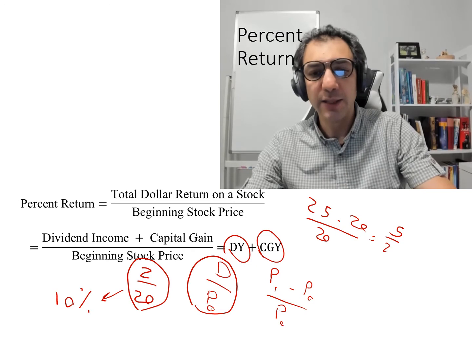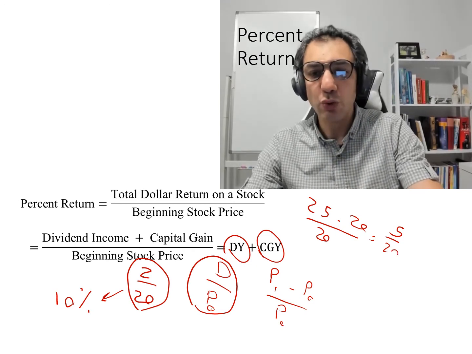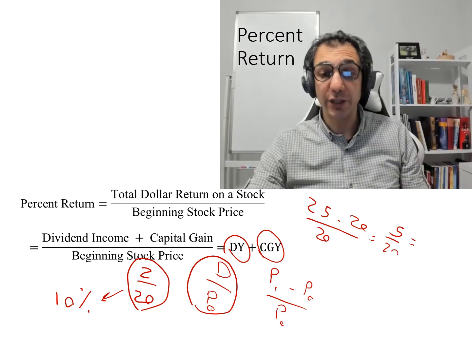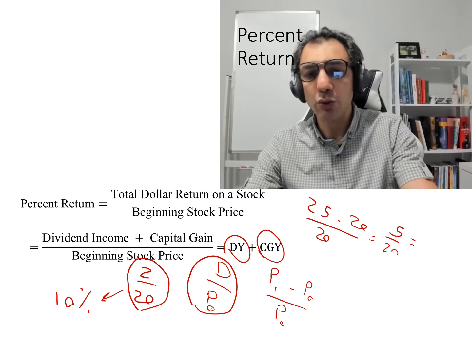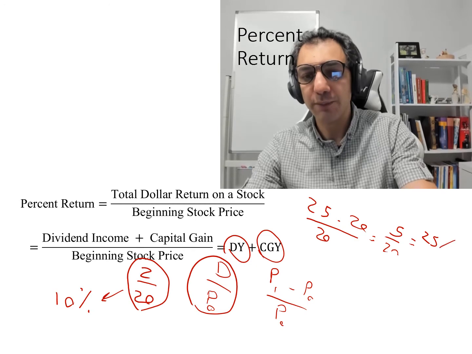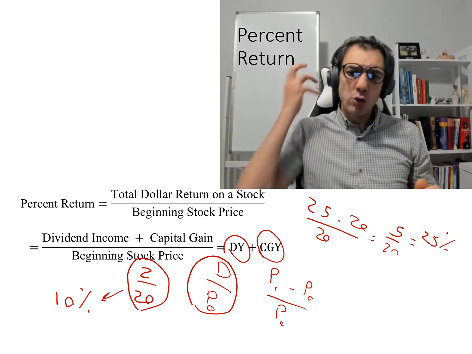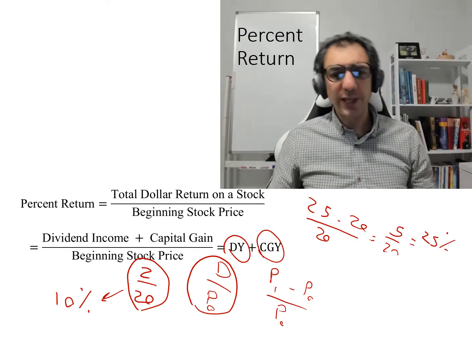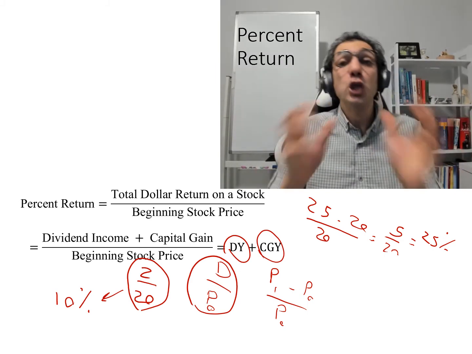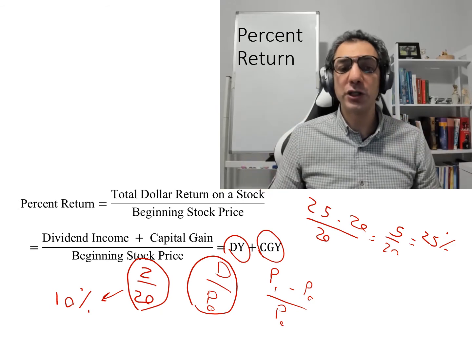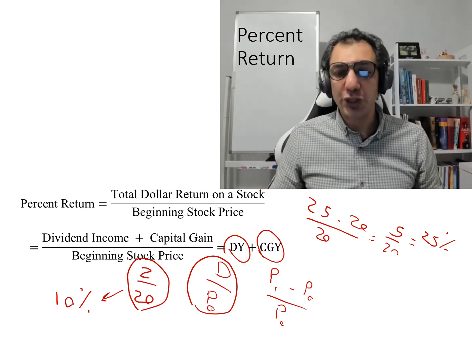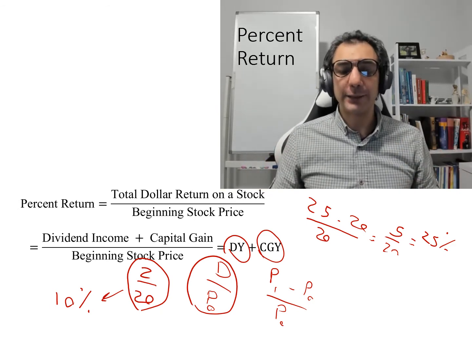Your capital gain yield, in terms of percentage, is 5/20, which is 25%. So you are making 25% on the capital gain and 10% dividend yield. In total, you are making 35%. 35% is your total percent return, and that's how we calculate it.